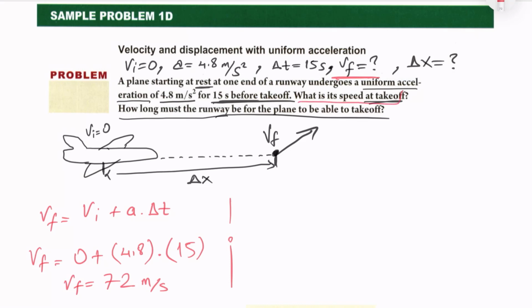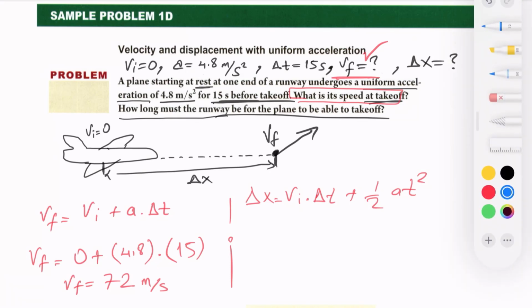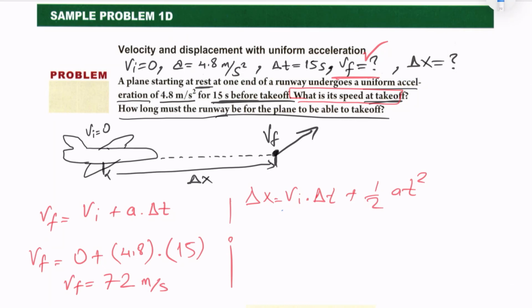And we solved the first question. First one is done. Now the second question. What is the delta x? And which formula are we going to use? Third formula. Delta x equals v initial times delta t plus half a t squared. And what's the initial velocity? Initial velocity is 0. So this part of the equation is gonna be 0.